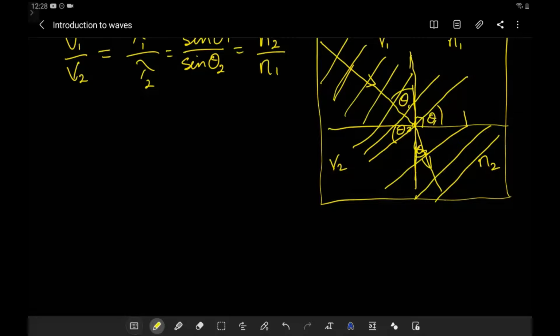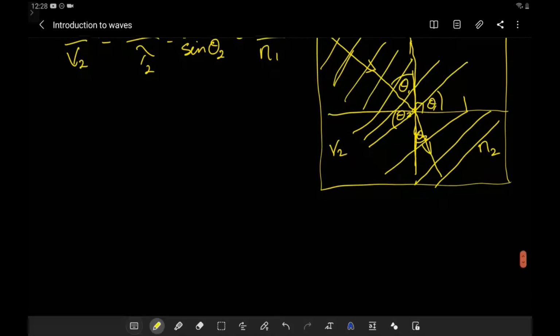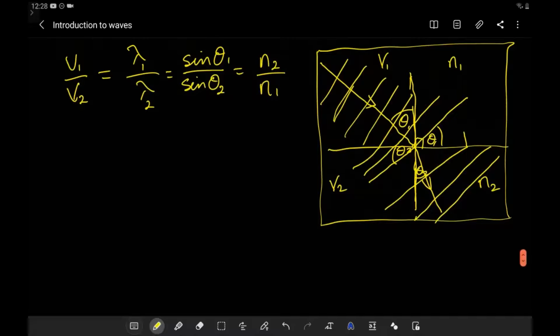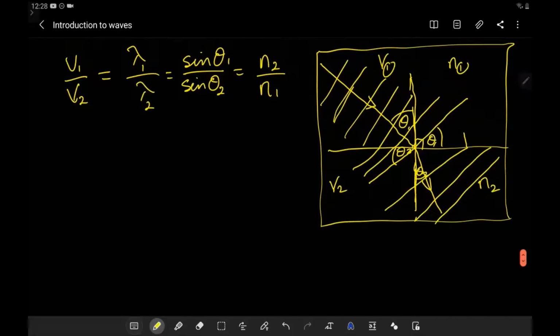So when using the equations and calculations, it's a good idea to use the relevant letters as subscripts, and that would reduce errors. Are we using V1 and N1, right? People prefer to use Vi, meaning the velocity incident, and Vr, meaning the velocity refracted.